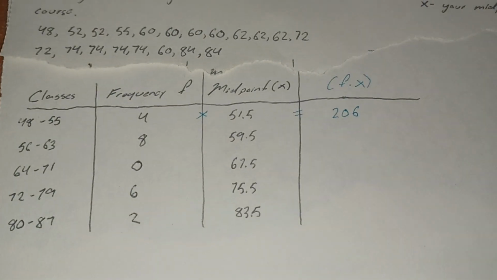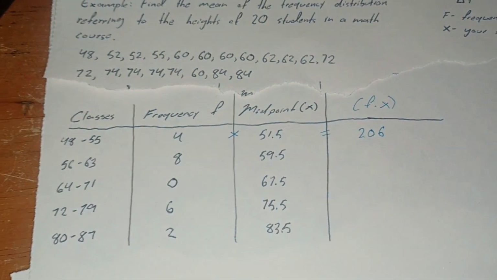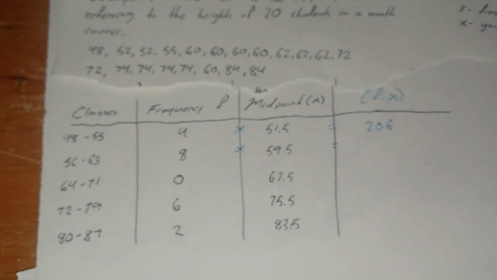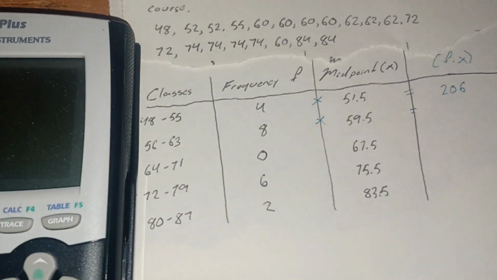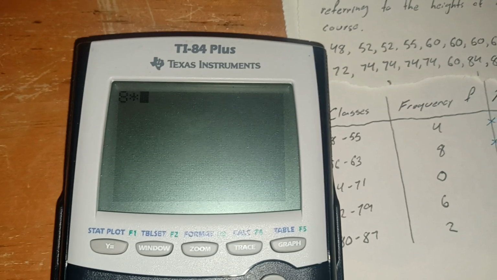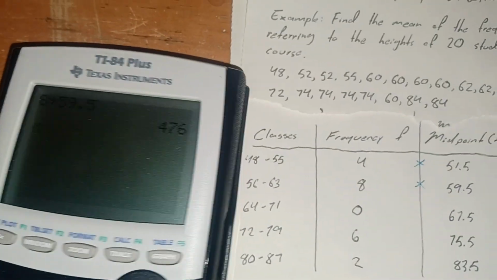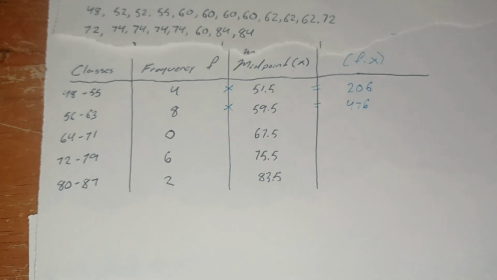Let's do the next one, f times x, which is 8 times 59.5. We're going to take our calculator and do that. So 8 times 59.5 is 476.